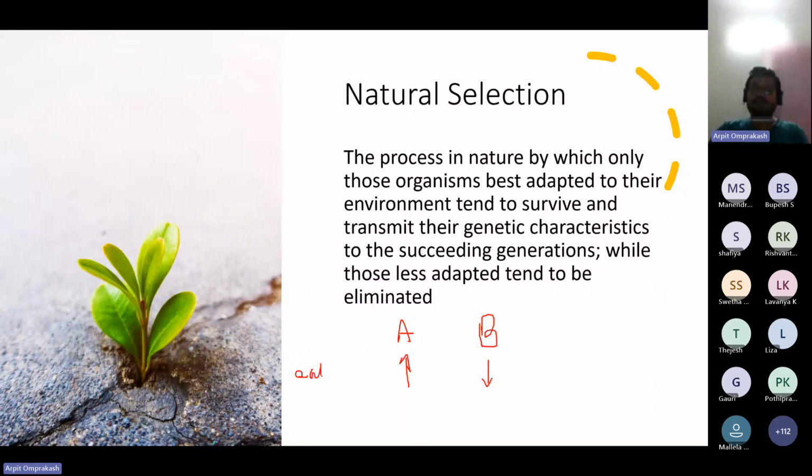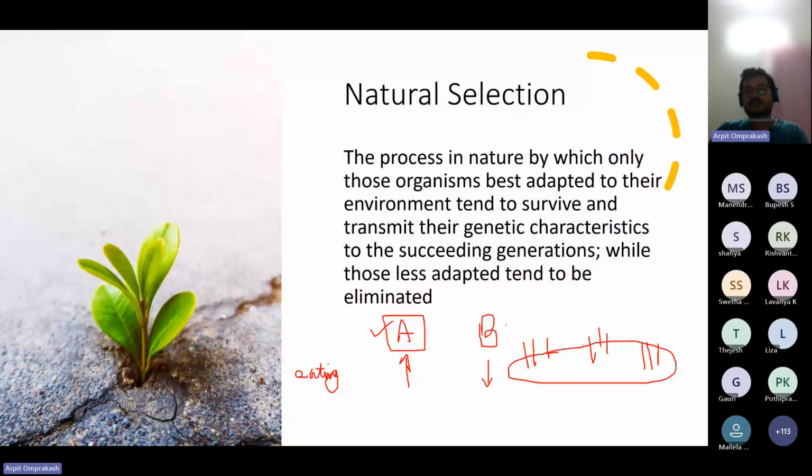So what happens is the individuals of species A will eat grass faster than the individuals of species B. And since we have a limited amount of resources, let's say, grass in the field, most of the grass will be eaten by species A and less grass will be eaten by species B. So if this trend continues for a few generations, most individuals of species A will tend to get grass, eat grass, and survive, whereas most individuals of species B will tend to not find a lot of grass and tend to die.